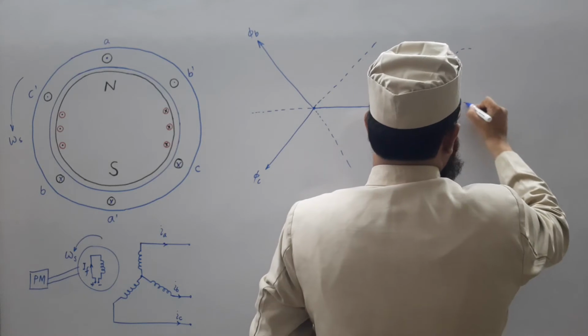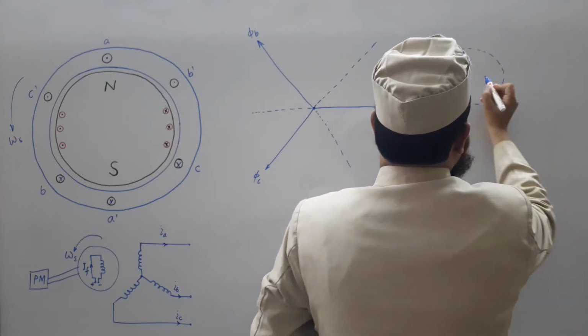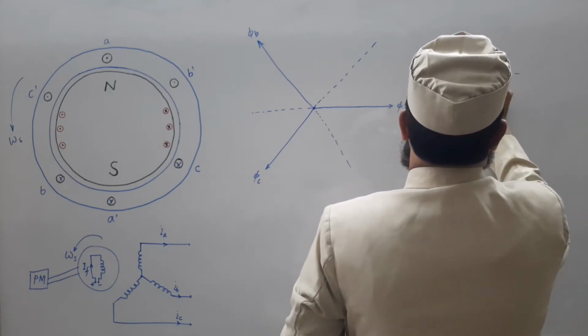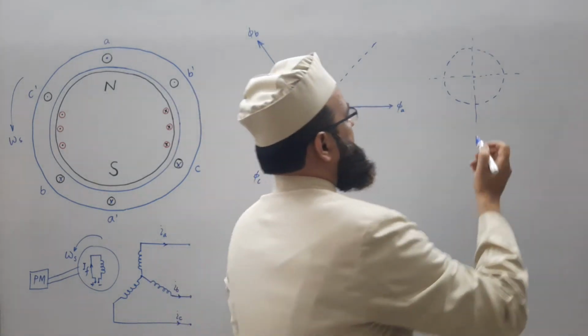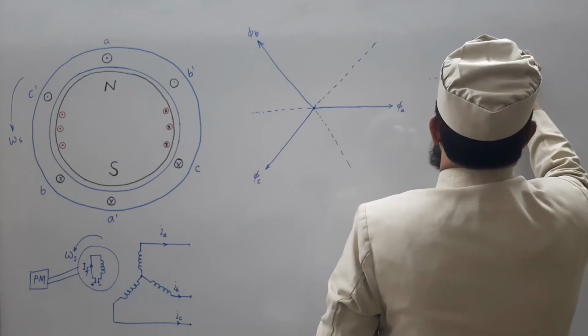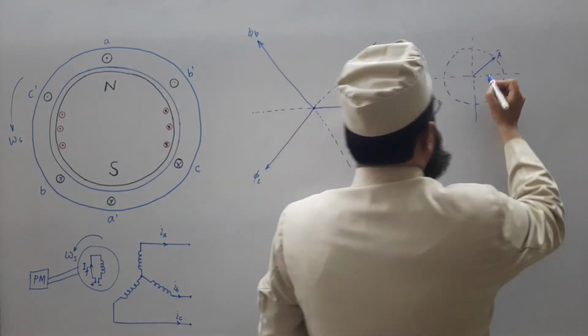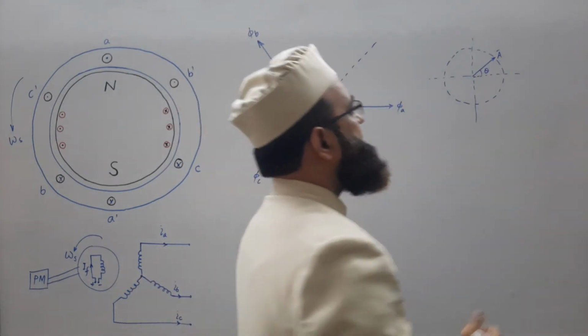Phasors are rotating vectors. Let us take one circular path and one horizontal axis, one vertical axis. Let us take any phasor, phasor A, making an angle of theta with the horizontal line. What does it mean?